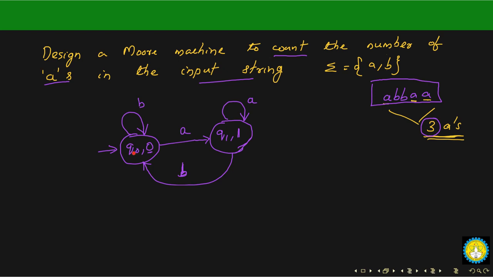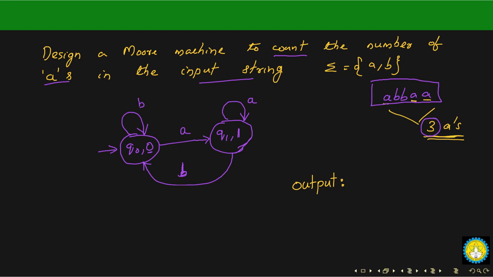Initially you're at Q0, so by default you will have an output of 0. Let's write the outputs in parallel.